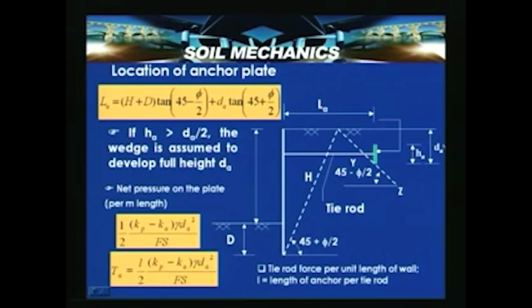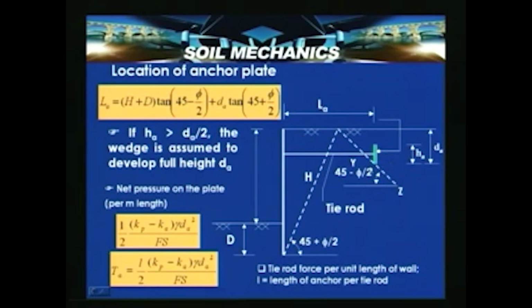If the HA, that is this point, is greater than dA by 2, the wedge is assumed to develop full height dA. That is, if HA is greater than dA by 2, then we will assume that the full height is actually participating. But this is actually the common case. Now, the net pressure on the plate per meter length is given as, we know that this is passive and this is active.